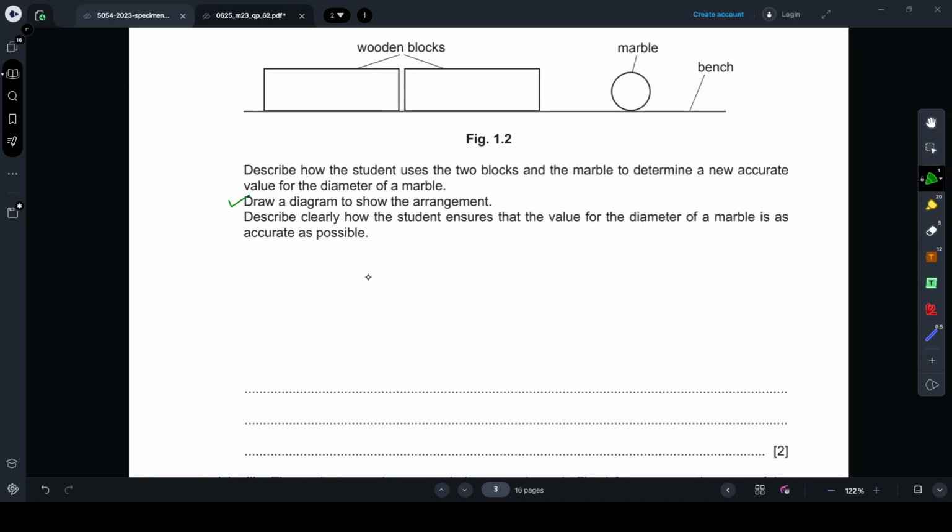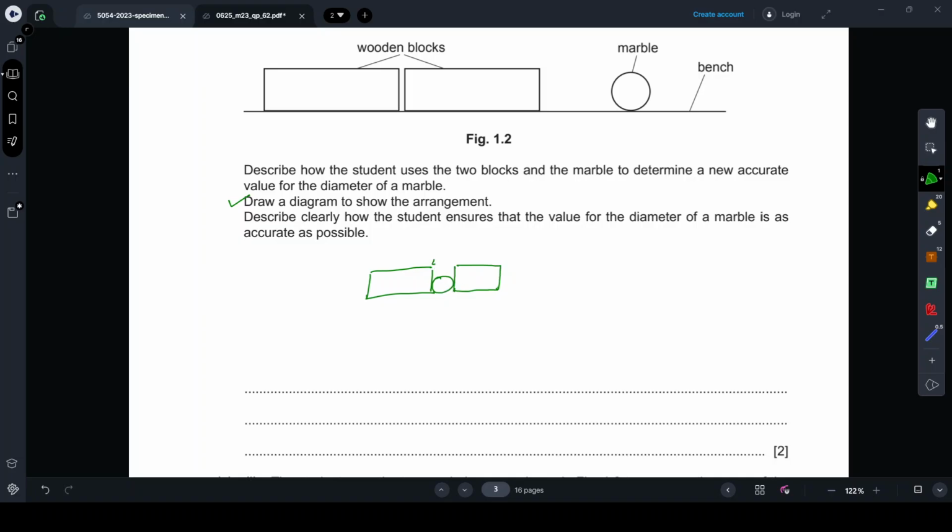Between them, yeah, right? So you've got this wooden block, and then you've got the marble, right? So when you draw the marble, it should be touching the bench, not suspended like what I just made, right? And then you've got the other wooden block, and because they're asking you to draw it, you'll make the other block, and you'll make sure that the blocks are touching the marble. There's no gap in between, right?